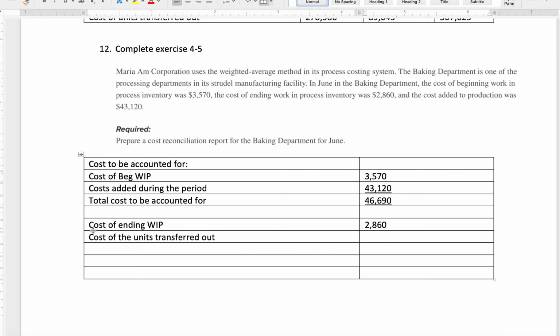Well, we know a few things. First and foremost, we know from chapter 3 and chapter 2 that if we take the cost of beginning plus the cost added minus the ending gives us what was used, right?